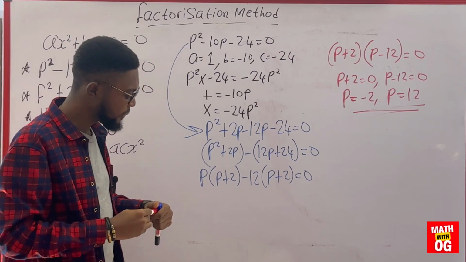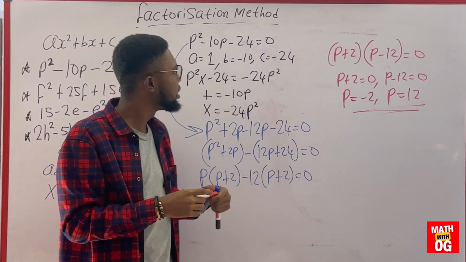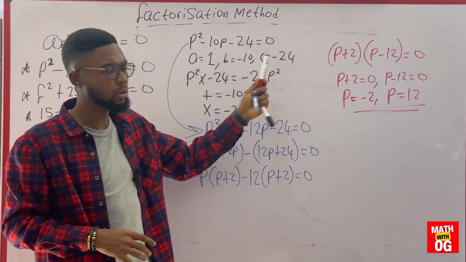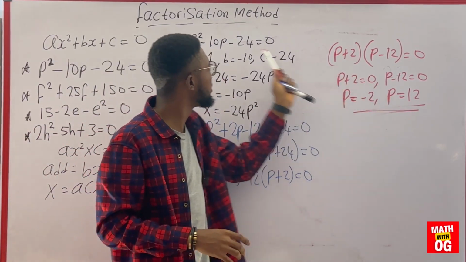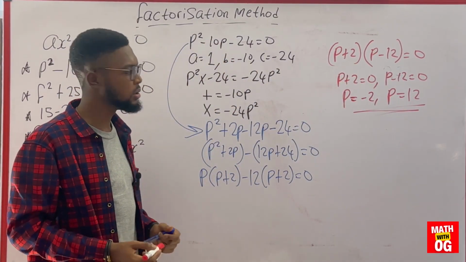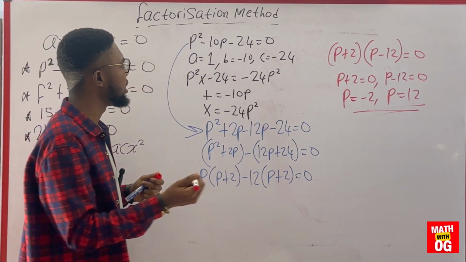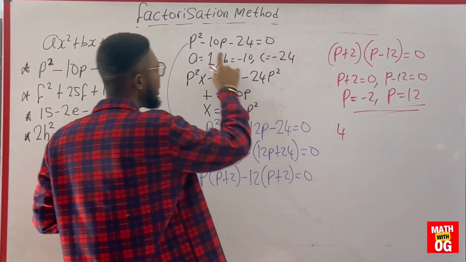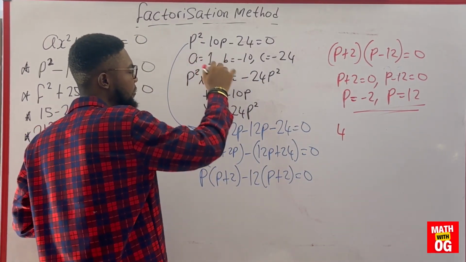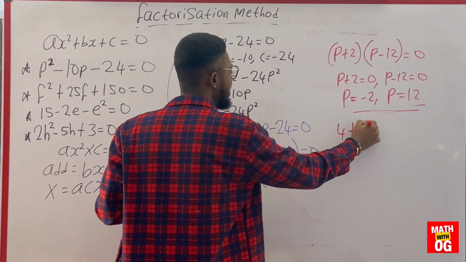And what does this mean? If I substitute my negative 2 into this equation, it should give me 0. Also, if I substitute my 12 into this equation, it should also give me 0. So let's try it out. If I put negative 2 here, this will give me a positive 4. Negative 2 times negative 10 will give me a positive 20.